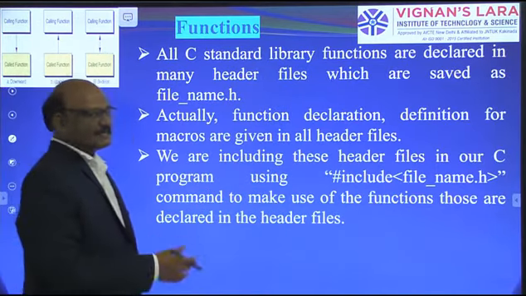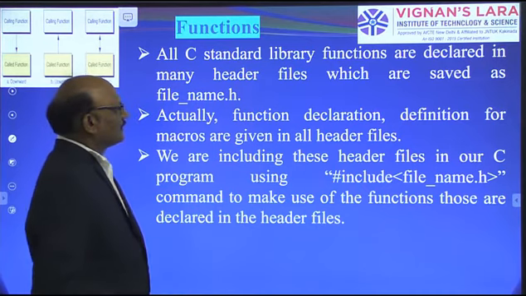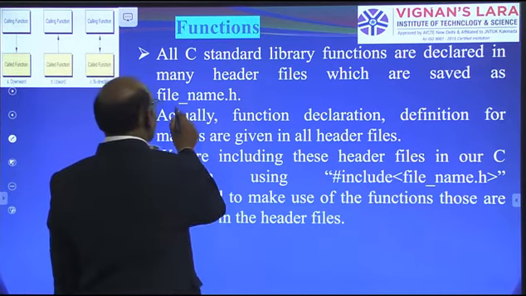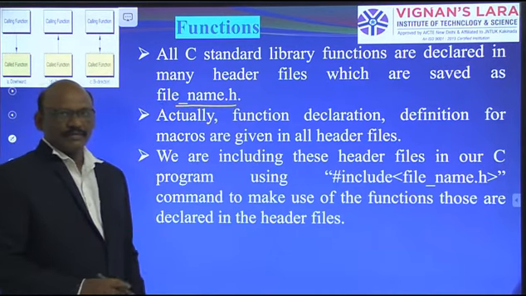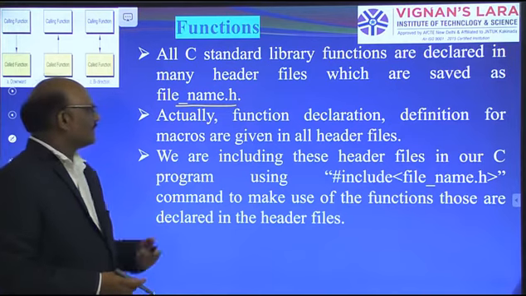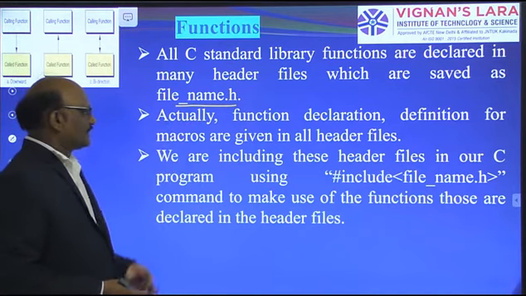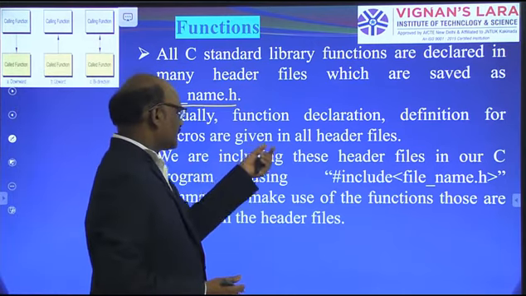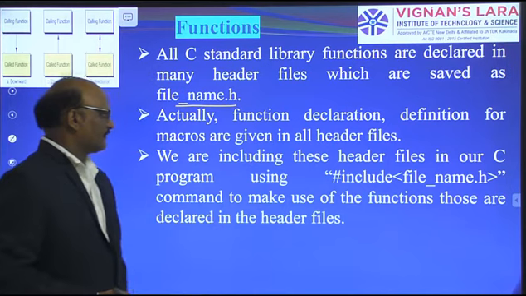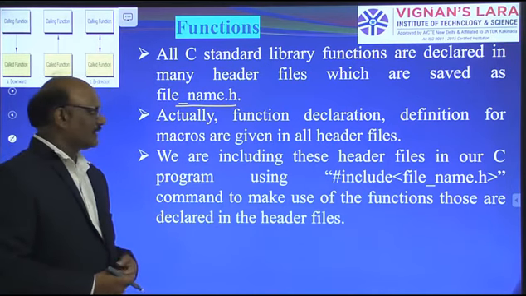All C standard library functions are declared in many header files which are saved as filename.h. So all the library functions are available in the header files. Function declarations and definitions for macros are given in the header files. For user-defined functions, we need to declare and define the function.